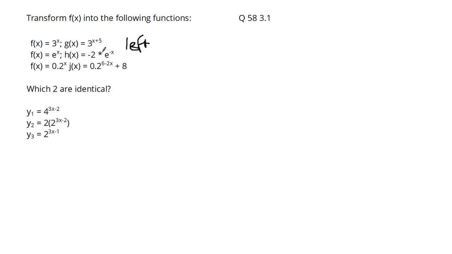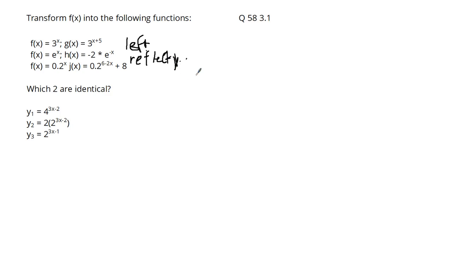e to the x, minus 2 times e to the minus x. The minus x is automatically a reflection across the y. So reflect across the y. Oh my god, I'm really sorry about the lag.